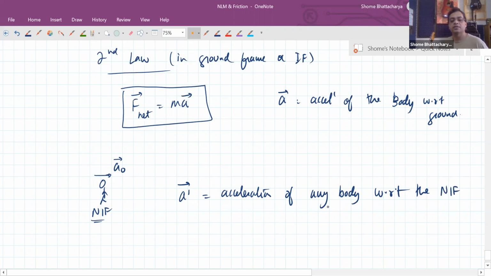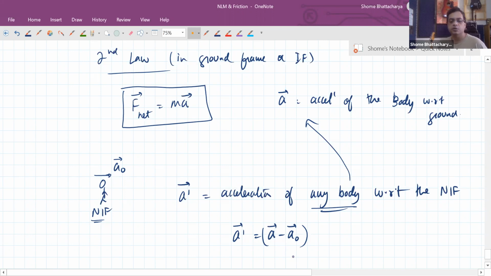Okay. So acceleration of which body? The body which is having acceleration a in the ground frame. So this relative acceleration will become its ground frame acceleration minus the acceleration of the reference frame.